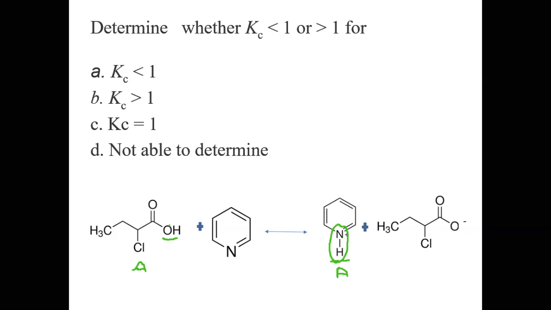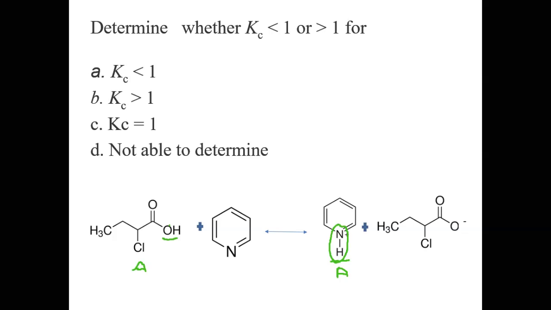Let me repeat that again. Since we're comparing the atom that's directly attached to the acidic proton on two different acids, and since those atoms are on the same period, we look at which one has a greater electronegativity, and that's going to tell us the one that's a stronger acid.